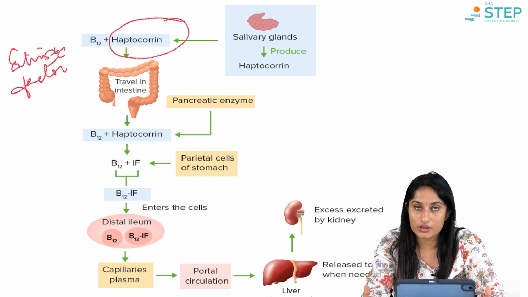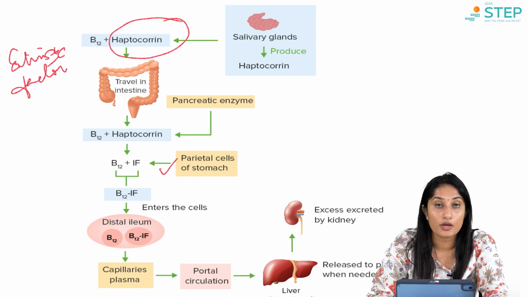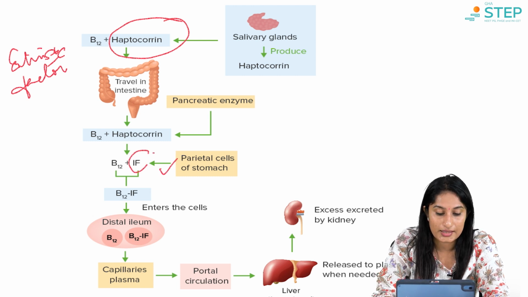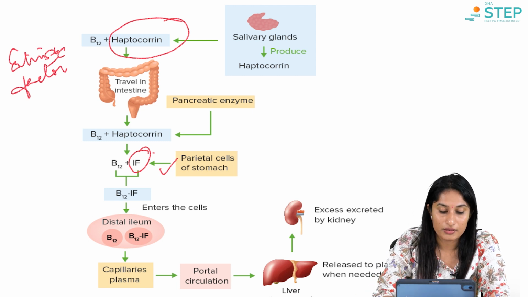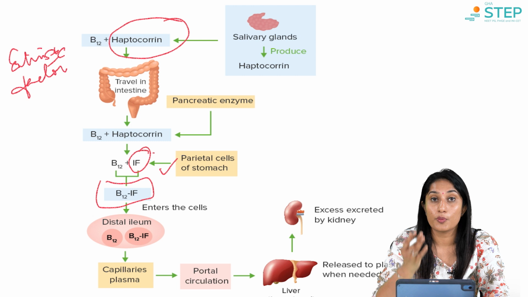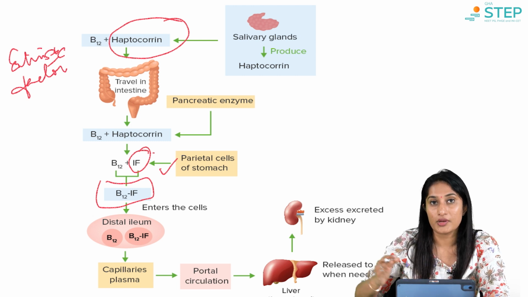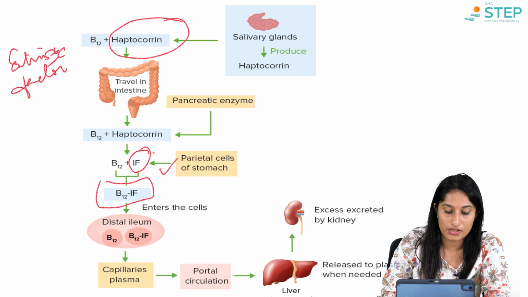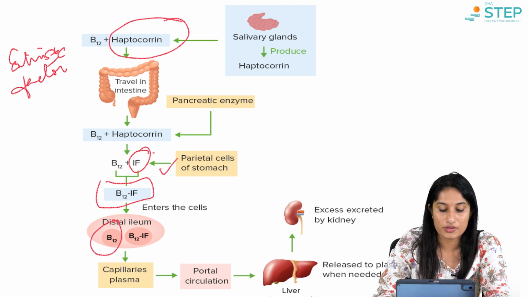When it comes down, pepsin and the pancreatic enzymes, trypsin, will break it, and the parietal cells of the stomach will secrete the intrinsic factor. B12 and intrinsic factor form a complex and move down the intestine through the duodenum and jejunum, and finally, when it reaches the ileum, the B12 gets detached from the intrinsic factor and gets absorbed.